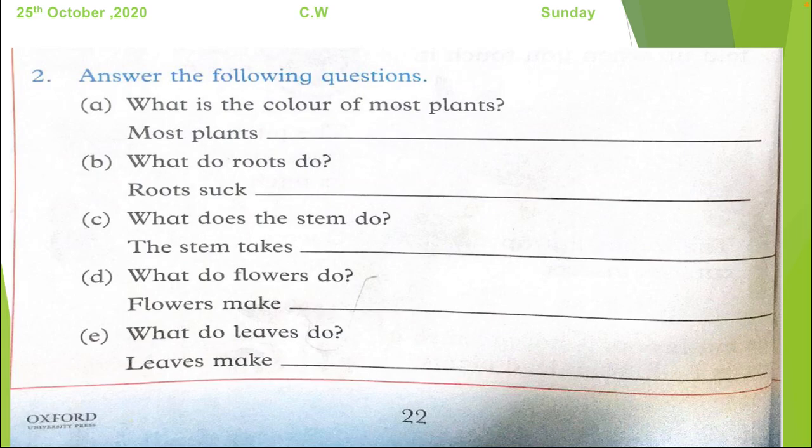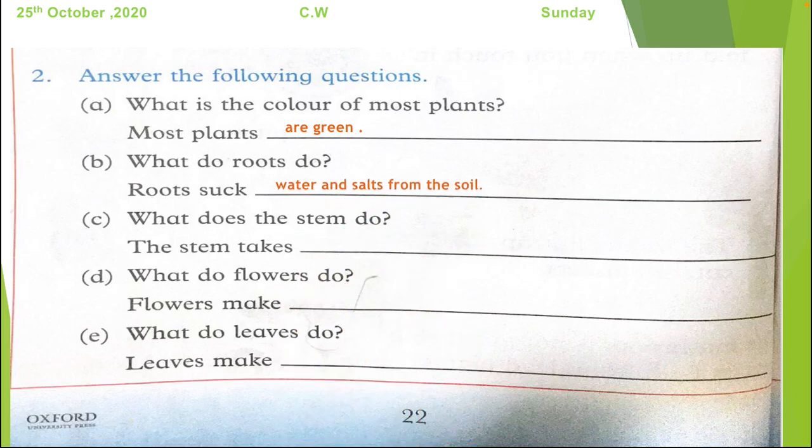Now come to question number 2. Question number 2 is, answer the following questions. Question A. What is the color of most plants? So when you go outside, which colors do you mostly see?